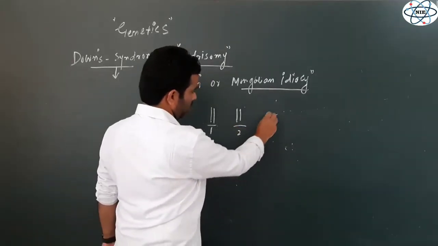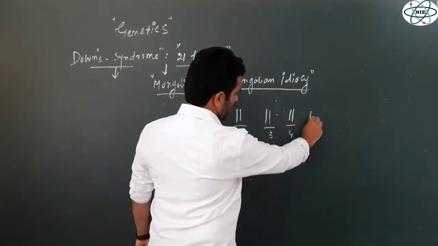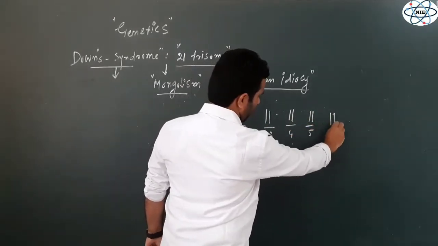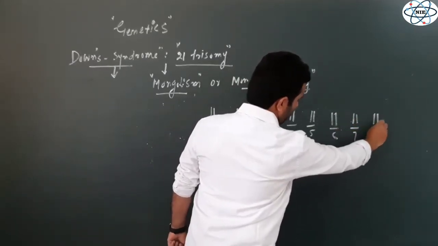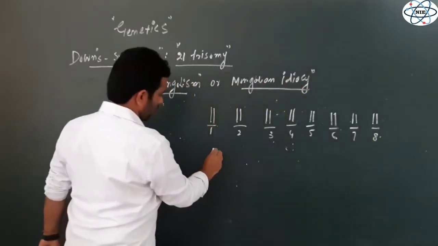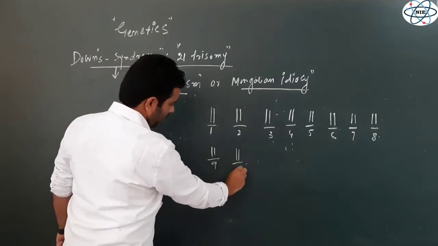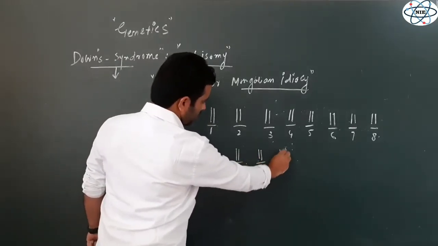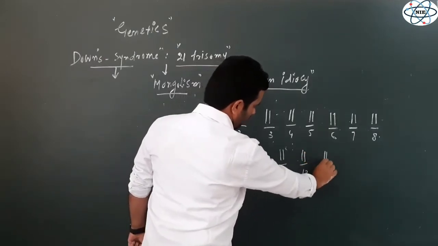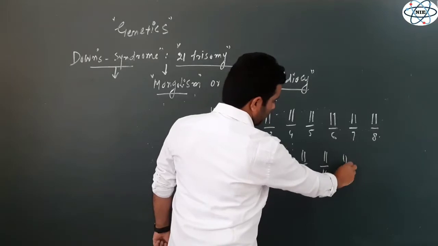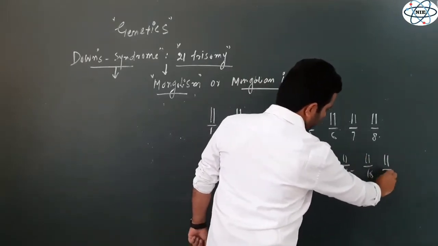This is chromosome number 3, 4, 5, 6, 7, 8, 9, 10, 11, 12, 13, 14, 15, 16, 17.